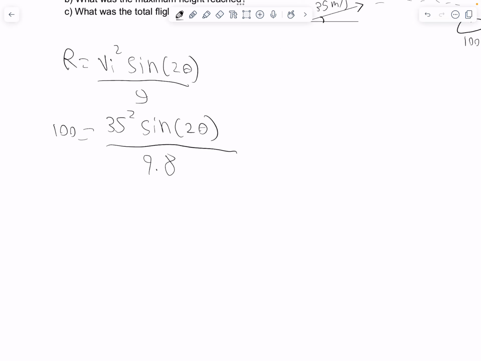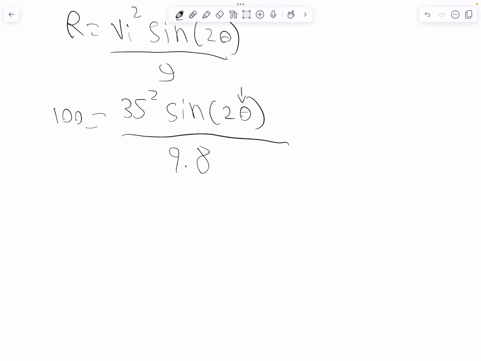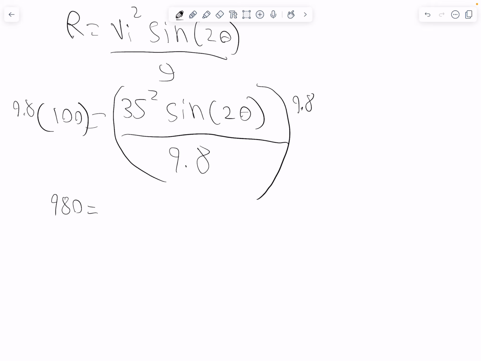All right, so we want to get theta by itself. In order to do that, we got to get rid of this divide by 9.8. The opposite of that is multiply by 9.8. Whatever we do on the right, we must also do on the left. So 9.8 times 100 gives us 980, equals 35 squared, which is 1,225, times sine of 2 theta.